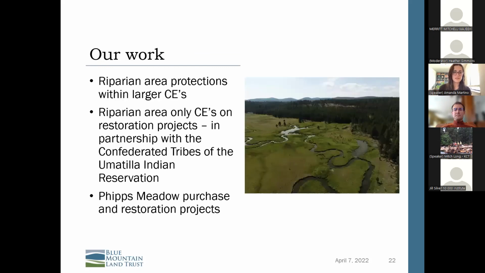Next slide, please. So some of the riparian conservation work that we have done is that many of our easements have riparian area protections. So specific management zones that identify additional restrictions in riparian areas specifically. And so that is how we have addressed riparian area protection on some of our larger working farms and ranches.